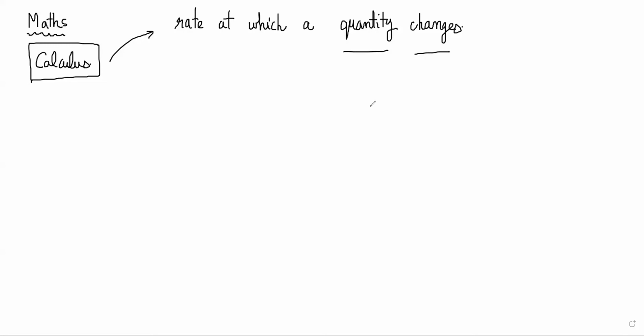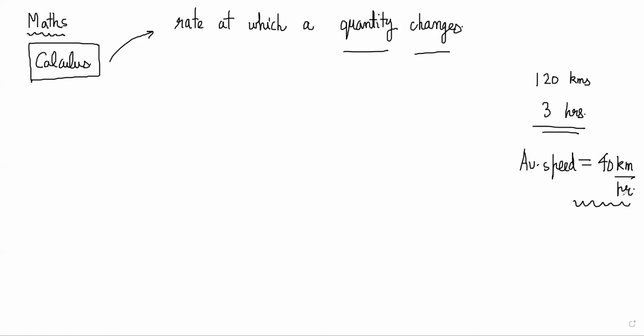Yes, sir. Now, let's say the distance is 120 kilometers and you take 3 hours, and the average speed you can calculate is 40 kilometers per hour, but all the time you are not going at 40, right? Yes, sir.